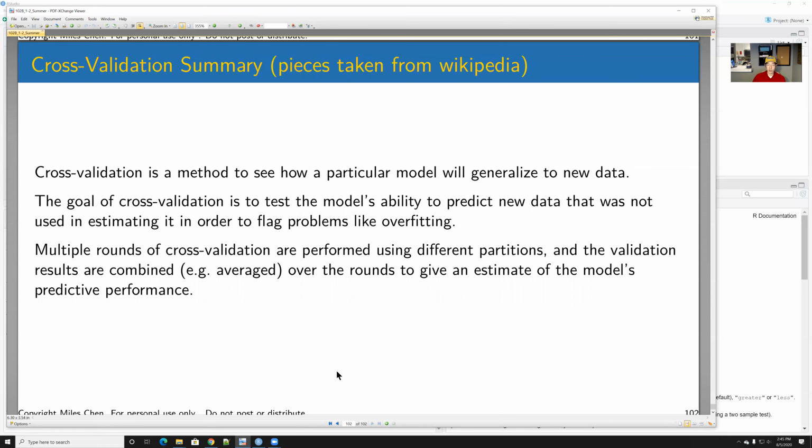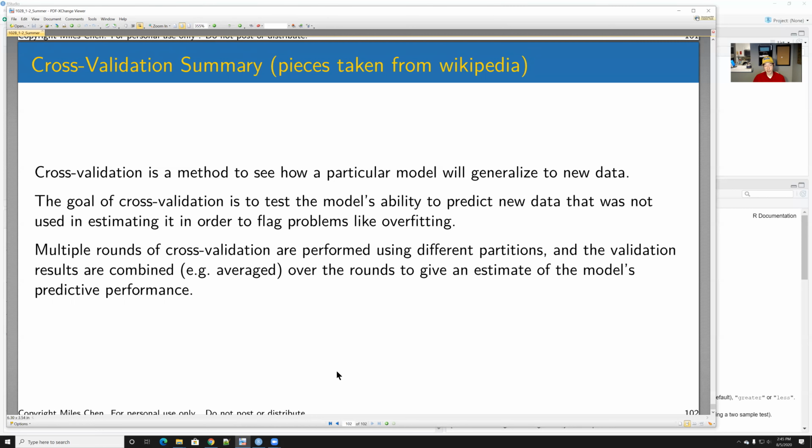The goal of cross-validation is to test the model's ability to predict new data that was not used in fitting the coefficients. And it can flag problems like overfitting. If the cross-validation error comes back huge, it's an indicator that you've overfit.